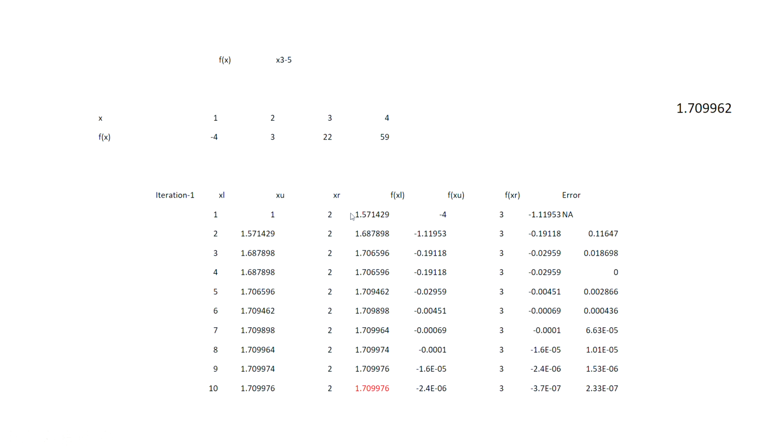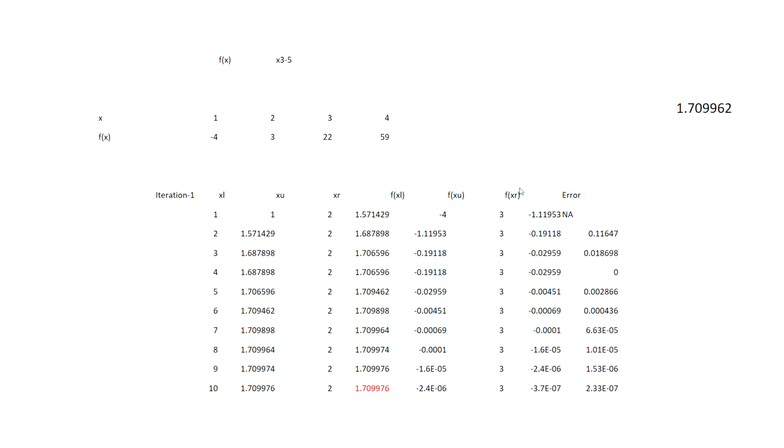Now in this linear interpolation method, the XR will be calculated as XU minus FU times XU minus XL upon FU minus FL, and we will calculate the value of XR, and then we will see the function values of f of XL, f of XU and f of XR.